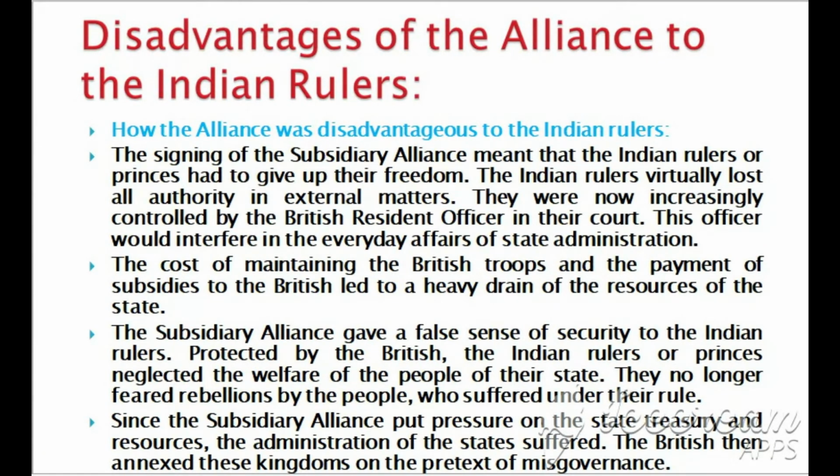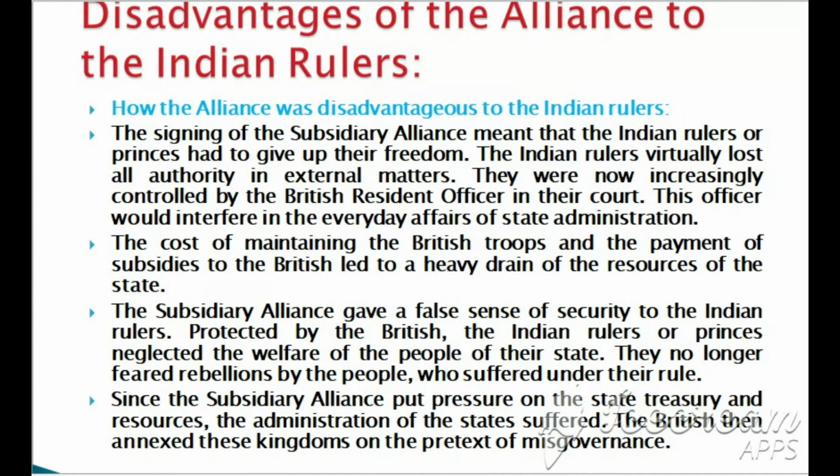The cost of maintaining the British troops and the payment of subsidies to the British led to a heavy drain of resources of the state. The subsidiary alliance gave a false sense of security to the Indian rulers. Protected by the British, the Indian rulers or princes neglected the welfare of the people of their state.